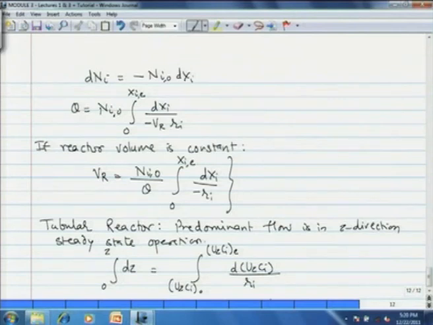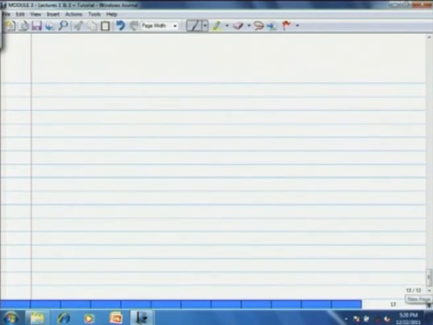I have simply changed the variables, the separation of variables. That is what I have done. Now, this expression can be simplified with several assumptions which are reasonable.